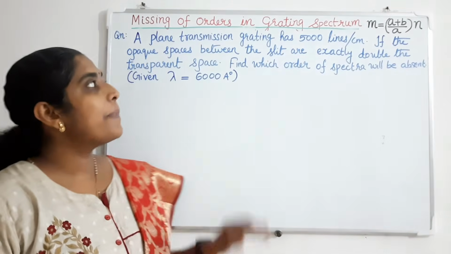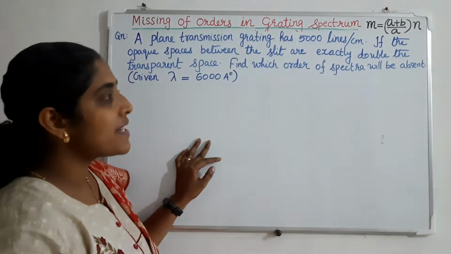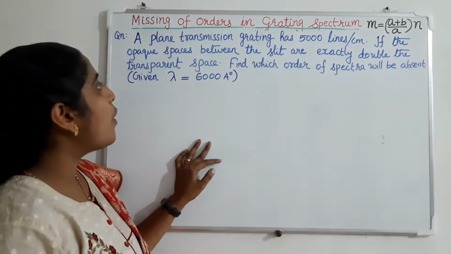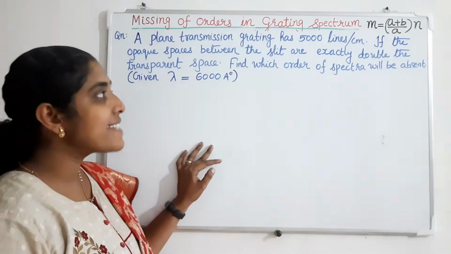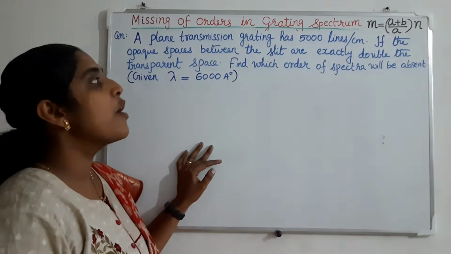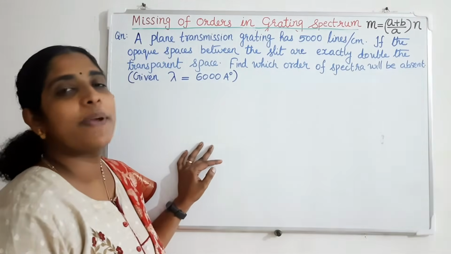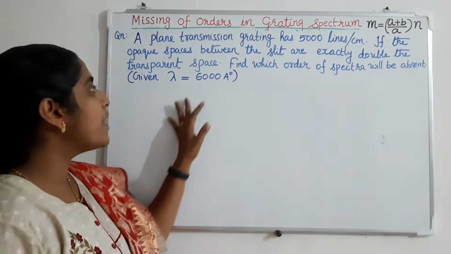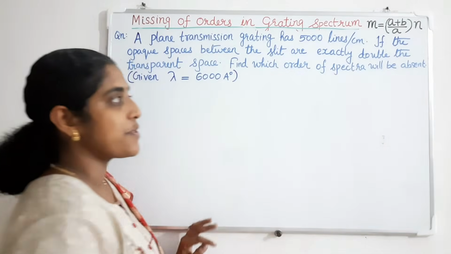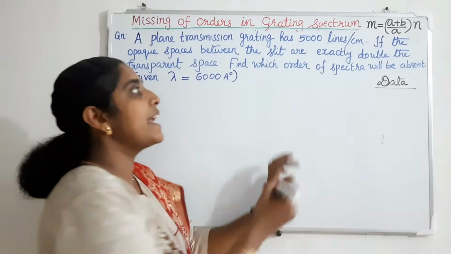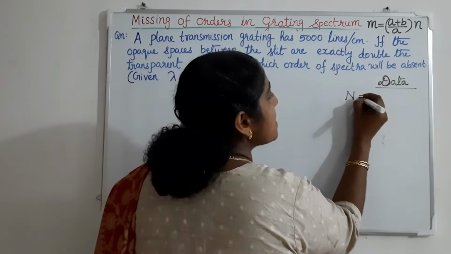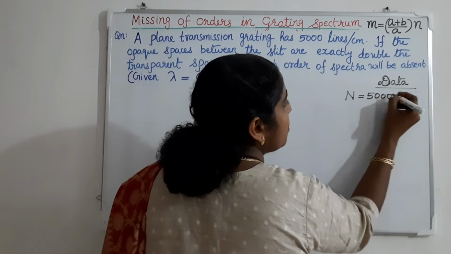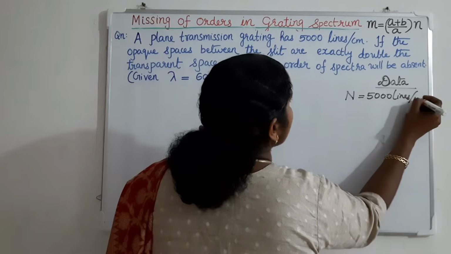Next question. A plane transmission grating has 5000 lines per centimeter. If the opaque spaces between the slits are exactly double the transparent space, find which order of spectra will be absent. Given wavelength of light as 6000 Armstrong. So N is equal to 5000 lines per centimeter.